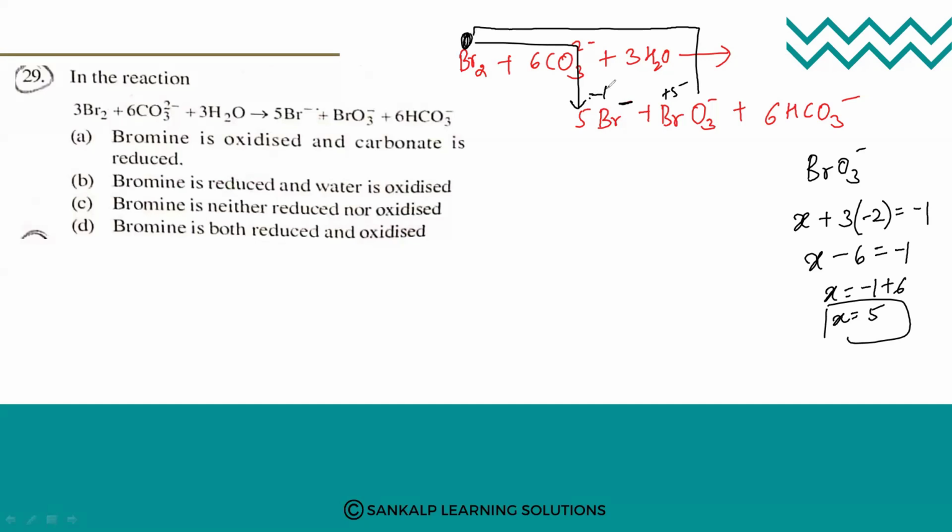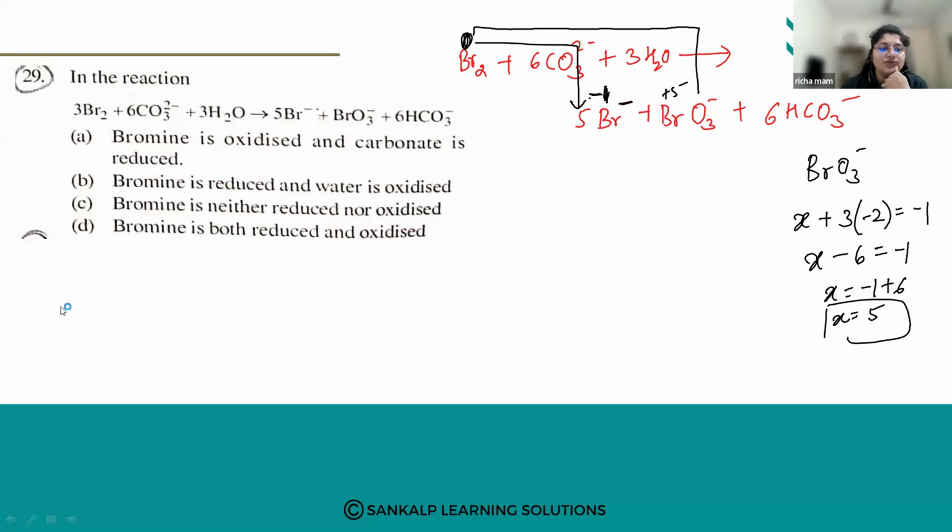From 0, it has changed to Br-, that is -1, and to +5. So your bromine is both oxidized as well as reduced.